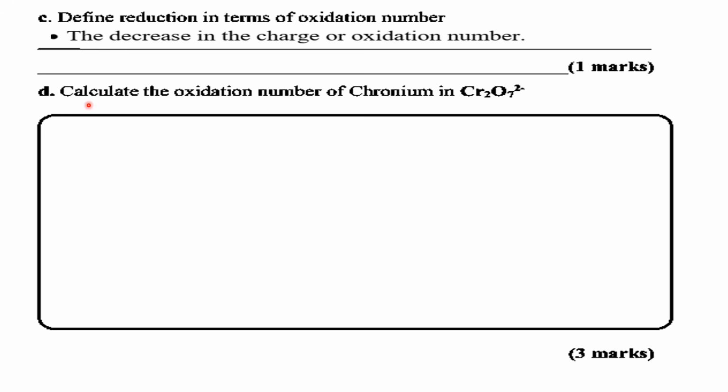Calculate the oxidation number of chromium in the dichromate ion. All right, so we shall apply one of the rules for assigning oxidation numbers, that says that in a complex ion, a polyatomic ion, like this one, where we have chromium and oxygen combined, the sum of the oxidation numbers is equal to the charge on the ion.